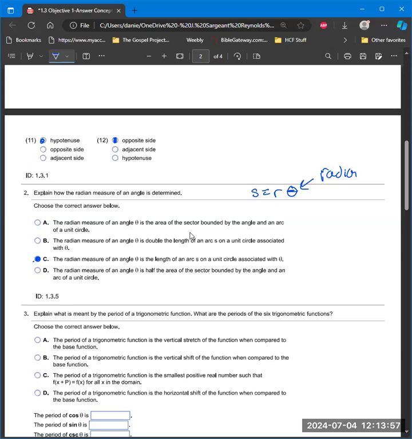And they're saying that if R equals 1, which is my unit circle, then S equals theta, where theta is in radians. So that's really what that question is about.